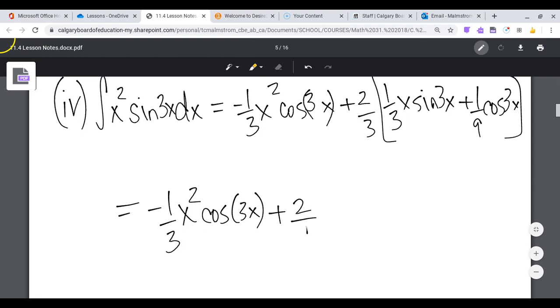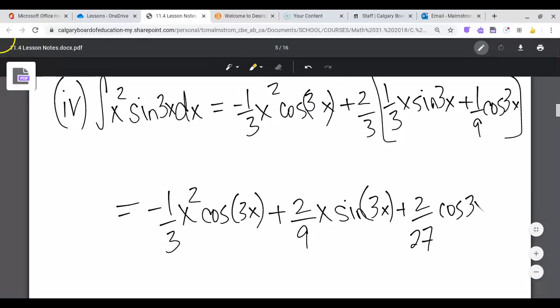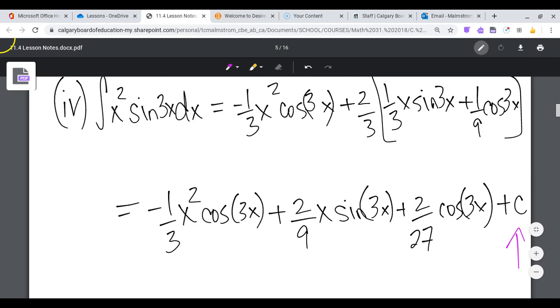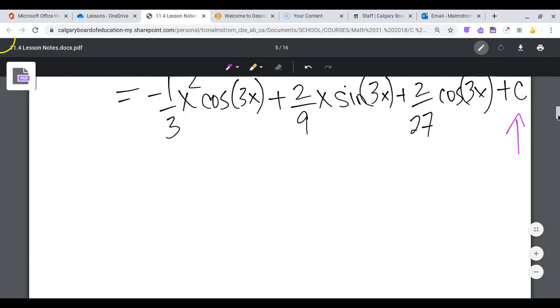So I have 2/9 x sine 3x plus 2/27 cos 3x plus c. Don't forget your plus c, because you go through all of this work and you have to do integration by parts twice. Please don't forget your plus c on the very end of this. It's a lot of work to get through this.